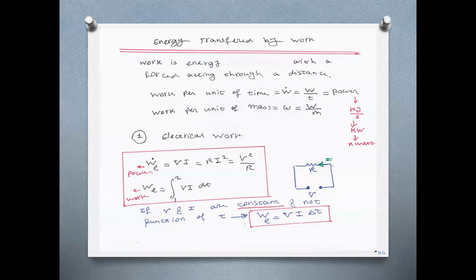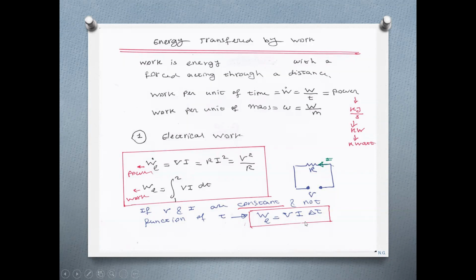And if power is constant, then you can multiply power by the time interval, and that gives you work. So work is power times delta T, and power is just VI, so VI delta T. But that is when power is constant over the time interval delta T.